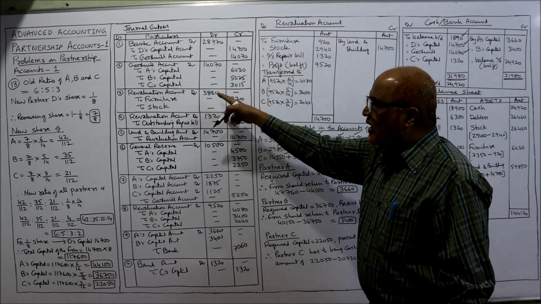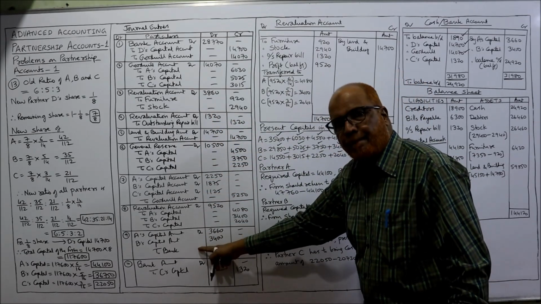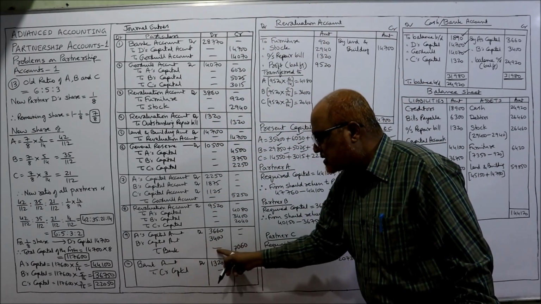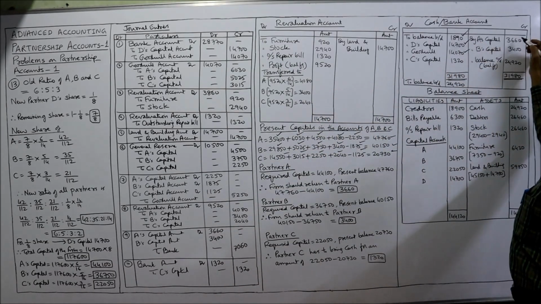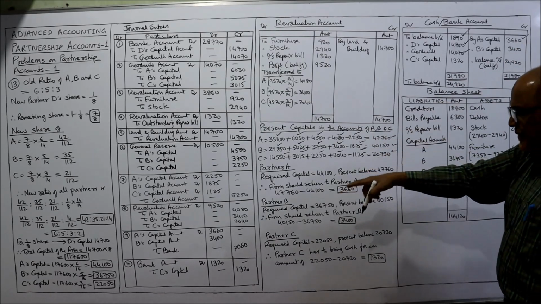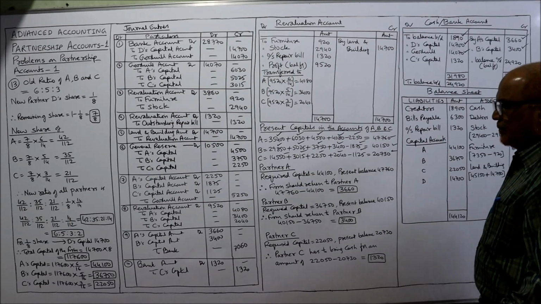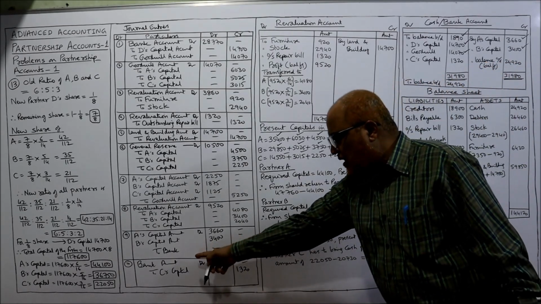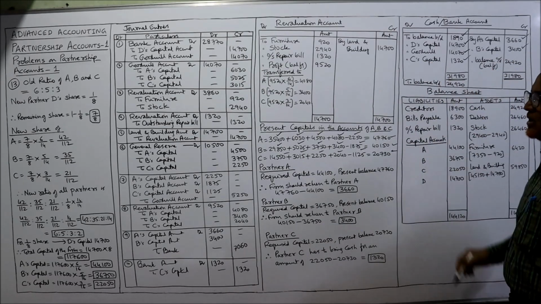Right? Now again see where the bank account is debited or credited. Here the bank account is credited by A's capital 3,660 and B's capital 3,400. And the last one, bank account is debited to C's capital 1,320.